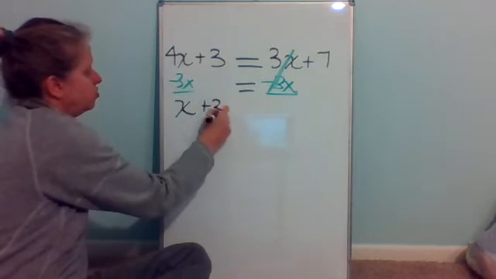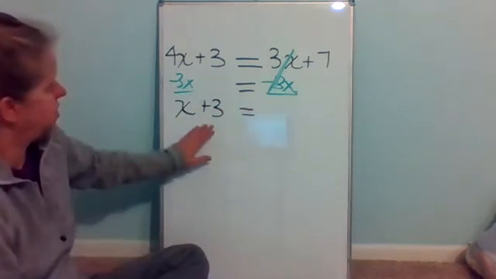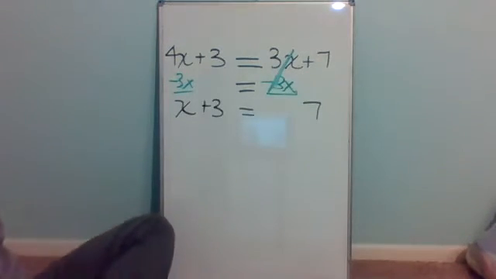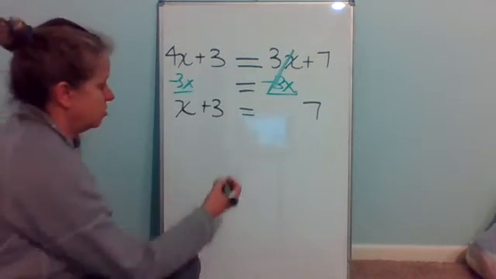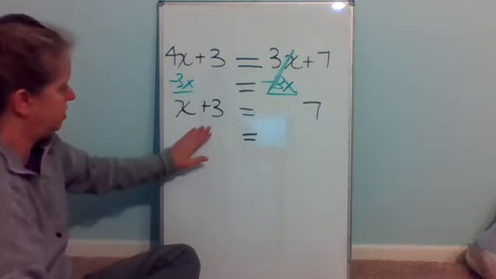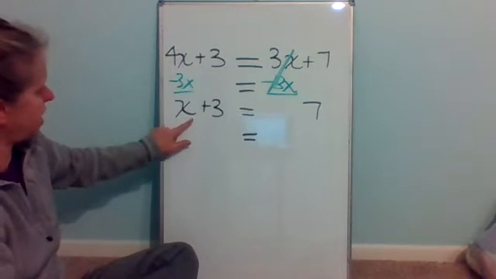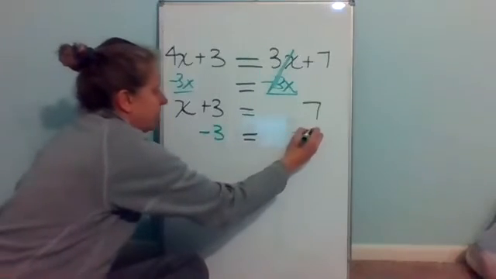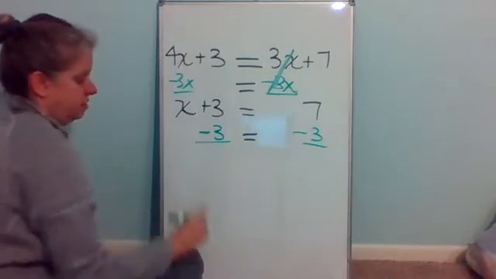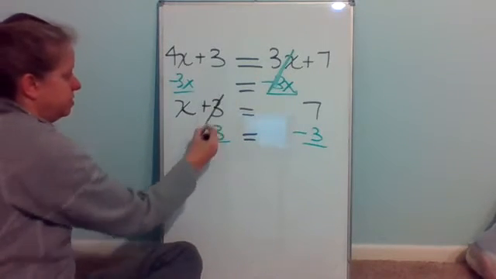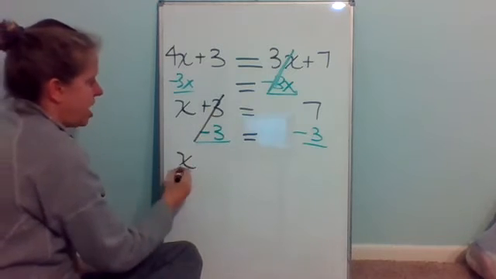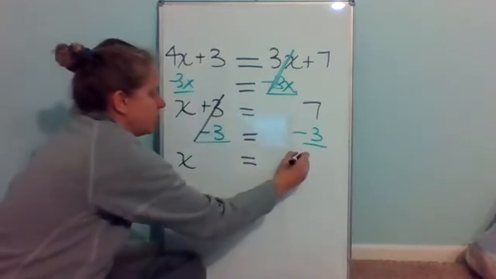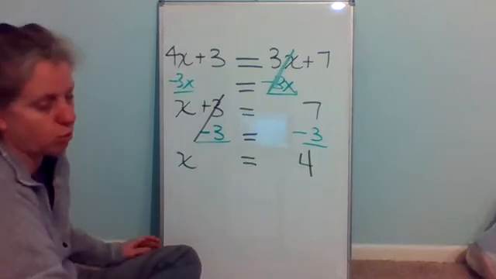Bring down my plus 3 equals, the only thing left over on the right is the 7. So again, here's my equal symbol. All I have to do now to get this x by itself is get rid of that plus 3 with a minus 3. That gets rid of that. There's your x equals, over here, 7 minus 3 gives you 4.